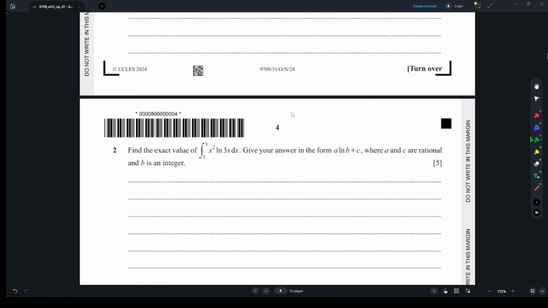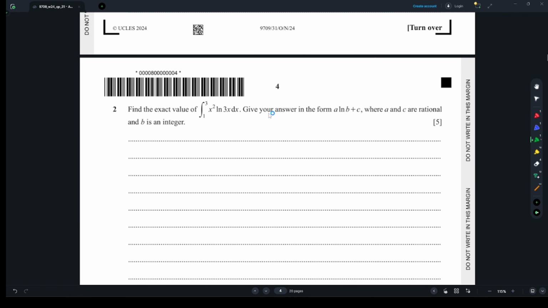Now question 2. Find the exact value of the integral, the limit going from 1 to 3, of x cubed... 3x squared plus ln x squared, ln x, 3 dx.